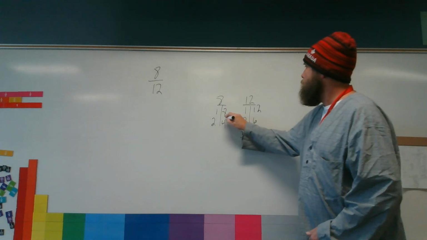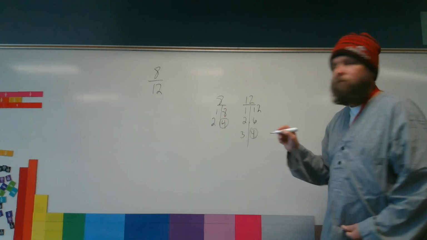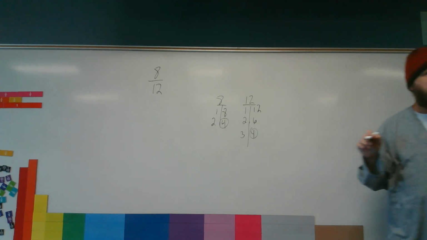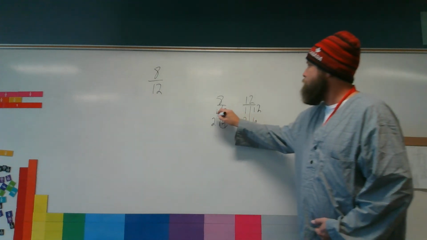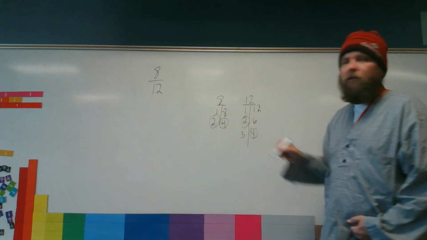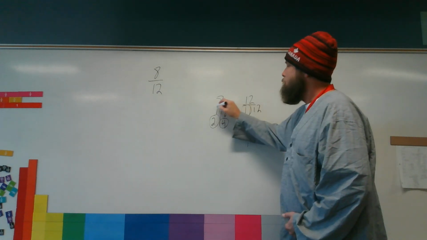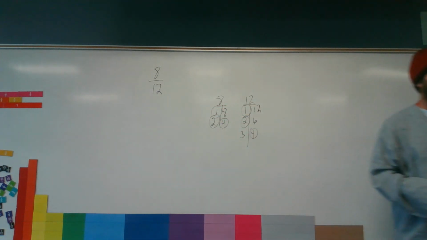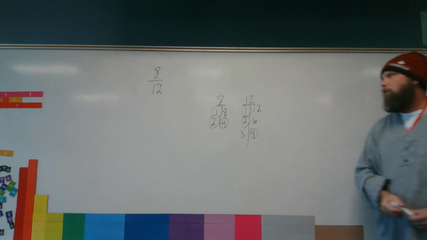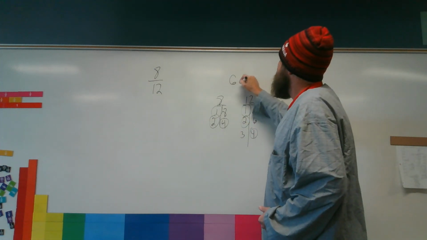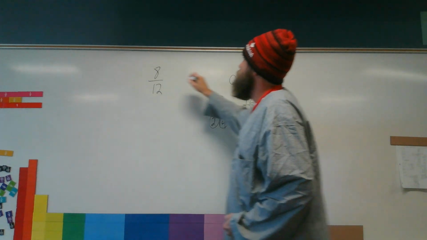They have a 4 in common. Anything else? They have 2's in common. Anything else? 1's in common. So Ian, what is my greatest common factor? 4. The greatest common factor equals 4.